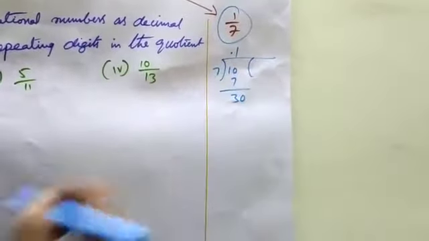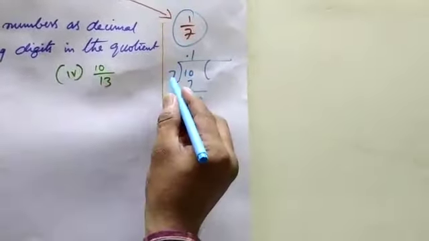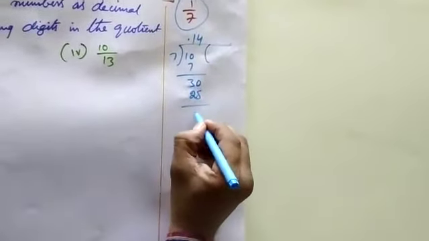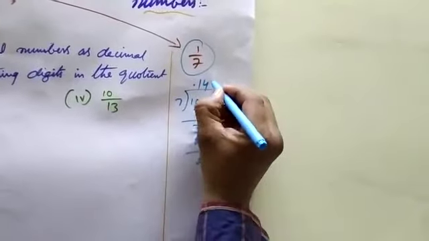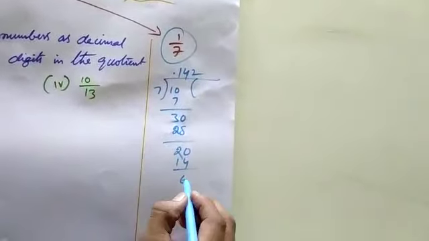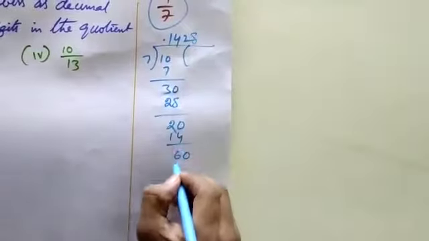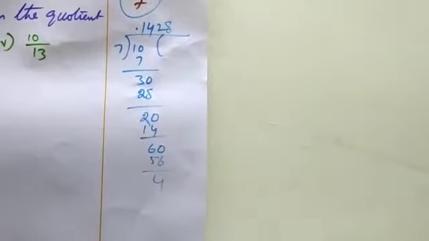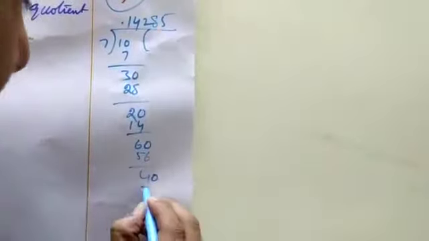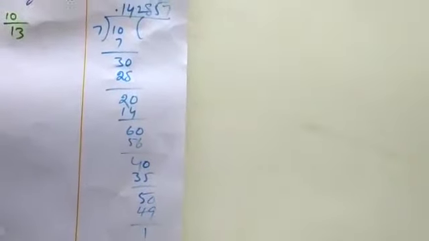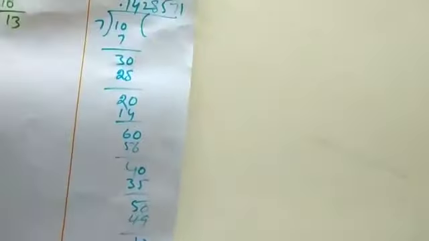Point is also there, 0 at 0. 7 fours are 28, remainder 2. 7 twos are 14, remainder 6. 7 eights are 56, remainder 4. 7 fives are 35, remainder 5. 7 sevens are 49, remainder 1. Then 7 ones are 7, remainder 3, and it repeats.